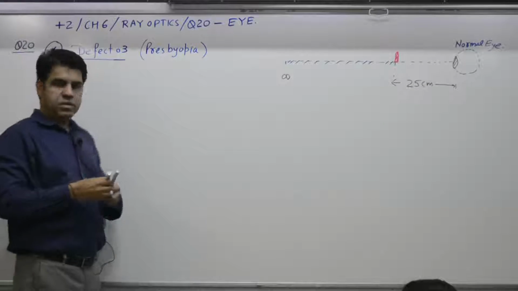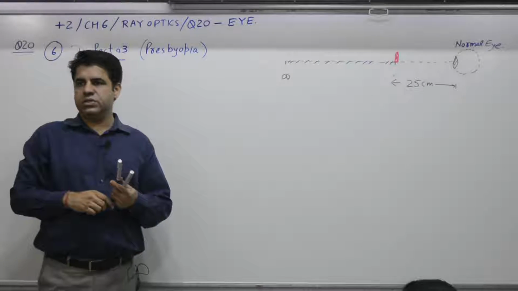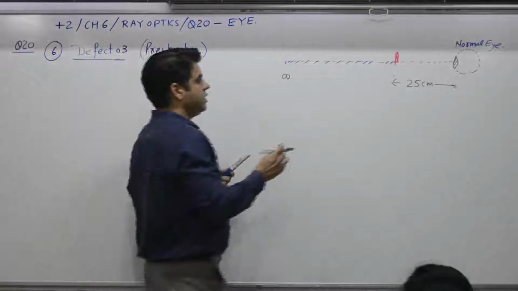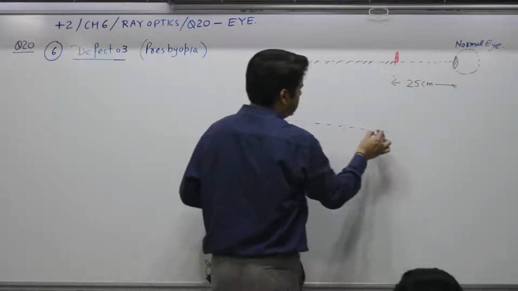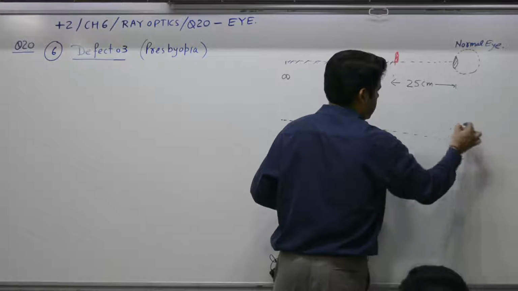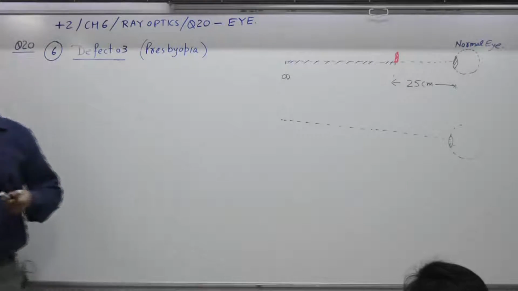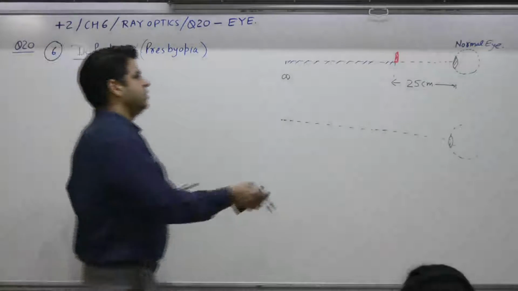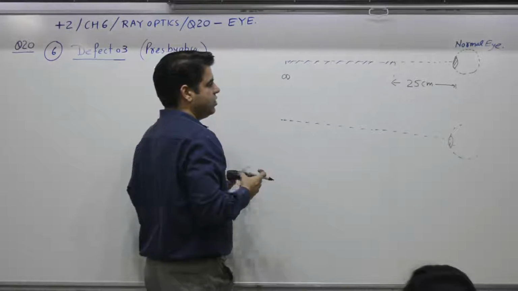Yes, it is old age disease where the eye loses ability to accommodate, that is flexibility, and both near point and far point are shifted. For normal eye, yes, it is between 25 centimeter to infinity.